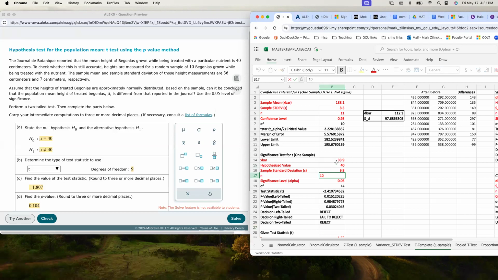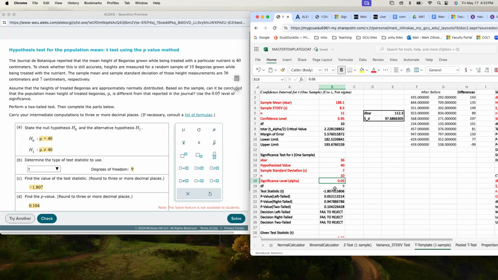Okay, so I'm going to put in for X bar the 36. All right, so type that in here. And then I am going to put in for the standard deviation, which was 7. Okay, so I think I got everything in here, and the significance level is 0.05, so that's already in there.